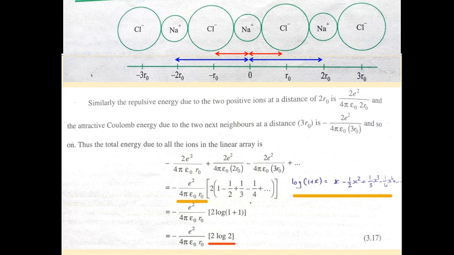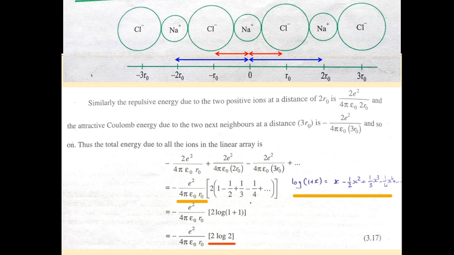So here the underlined twice log of 2 is nothing but the Madelung constant of a one dimensional sodium chloride ionic crystal. If in an exam someone asks you to calculate the Madelung constant for a one dimensional crystal, then your discussion would be up to this equation number 3.17 only.